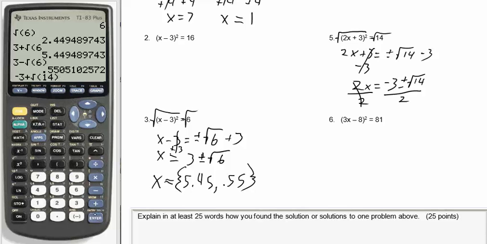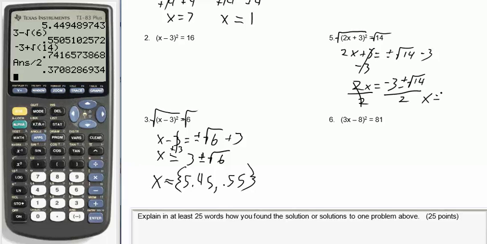Then we have to hit enter before we divide. Or we have to put parentheses around all of that so that it does all of that, then divides. But we can just hit enter and then divide by 2. And we get x equals 0.37.